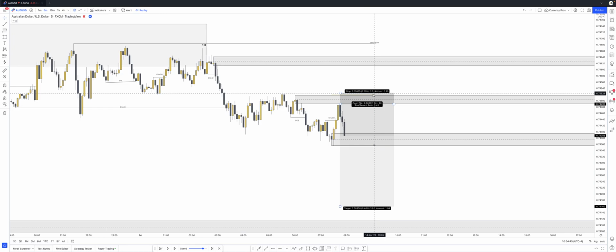So by targeting the low of the order block, you have a better chance of being tapped into the trade. We all know that when we target the equilibrium of an order block, there is always a risk that we're not going to get tapped into the trade. And we all know what that feels like when we watch price take off without us, when it was just a couple pips away from our entry. It's not a good feeling.